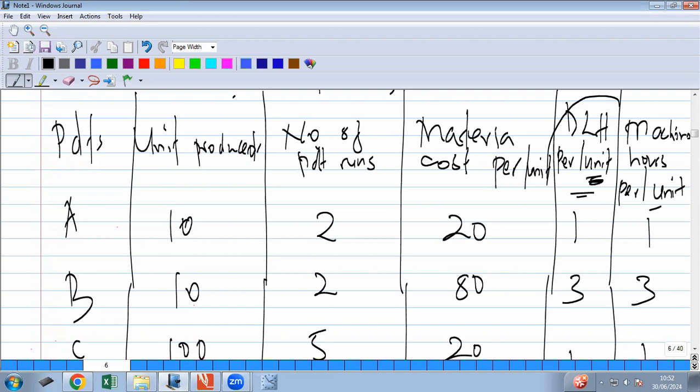That means the appropriate one will be the labor hours. If you decide to use machine, it's okay, because you know that in a day you have used this number of machine hours. So the appropriate one would have been either direct labor hours or machine hours.